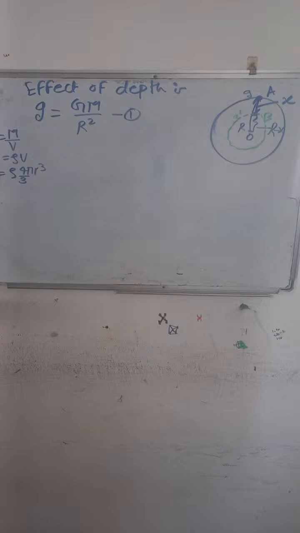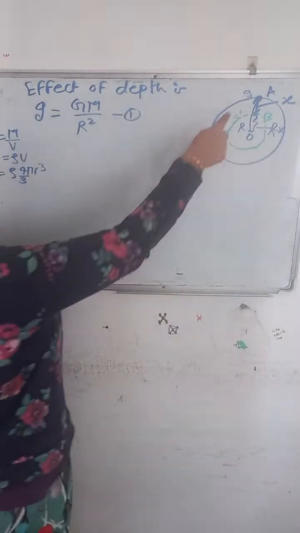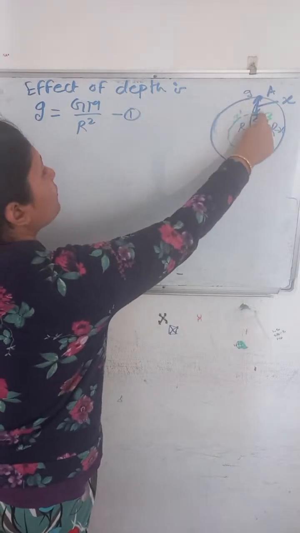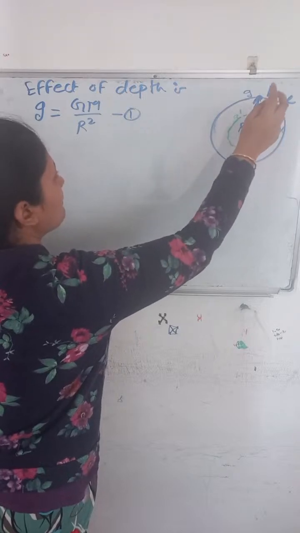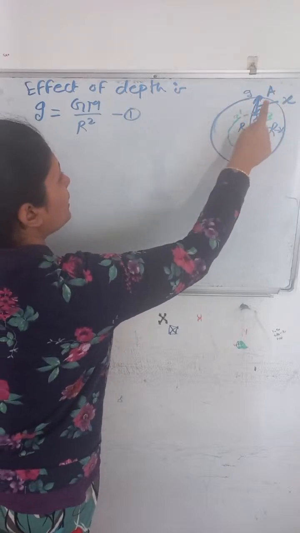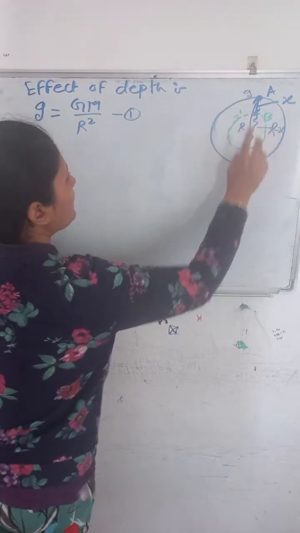Now here we can take g dash as the acceleration due to gravity at point B, and its depth, or its distance from A to B, is x. So the body at B will experience a force only due to the portion of the earth of radius R minus x. Whenever we bring this body from A to B through a distance x, some force is exerted on the body at B only due to this R minus x portion.